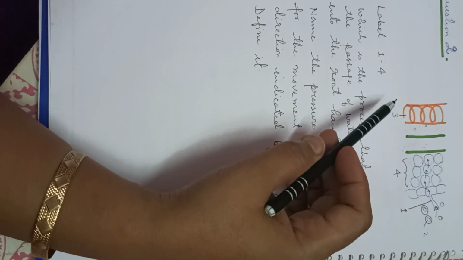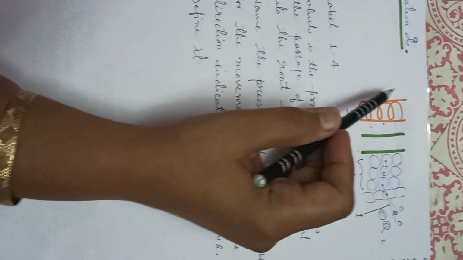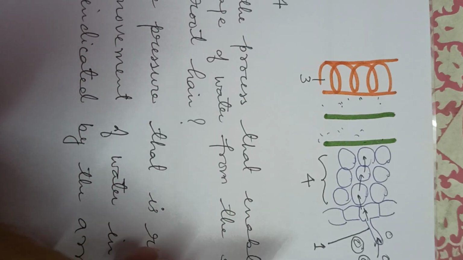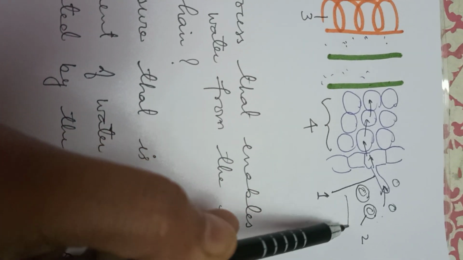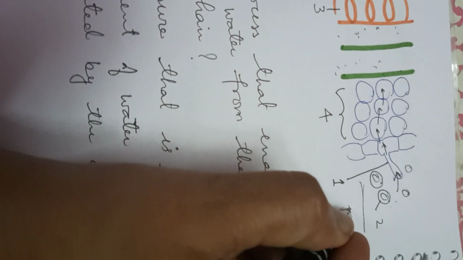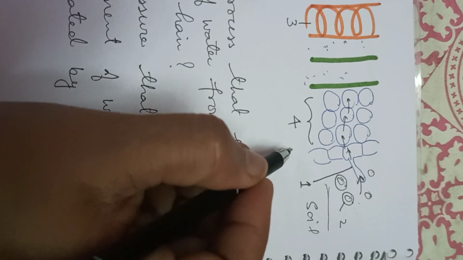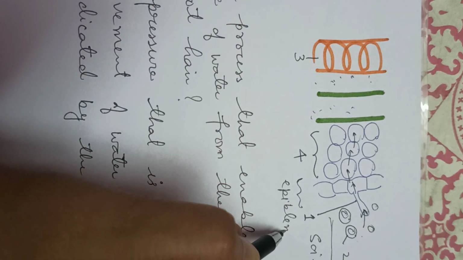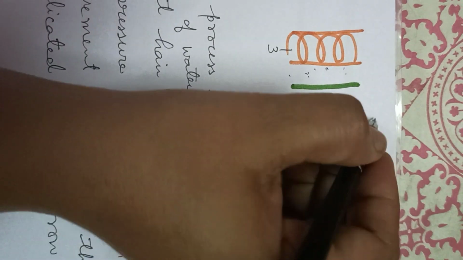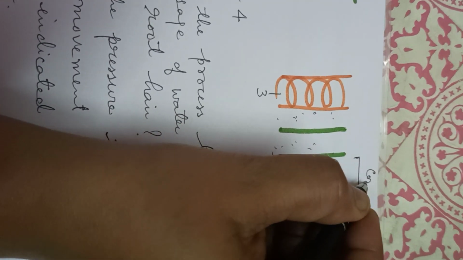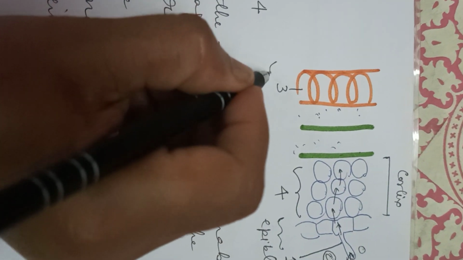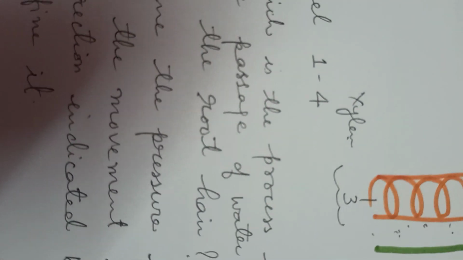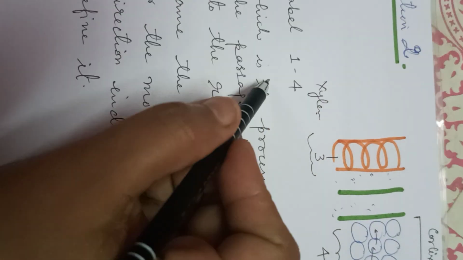In the next question, question number 2, again here is a diagram, and in this diagram we can observe that this is the longitudinal section of a root. This much portion is indicating soil. This one is indicating epiblema or epidermis. From here to here it is cortex, and this part is termed xylem. The first question is label parts 1 to 4.